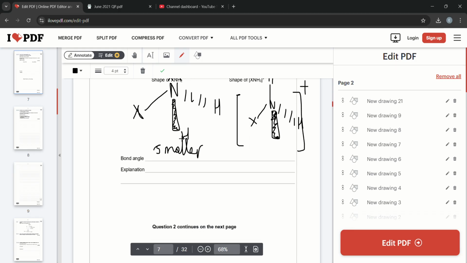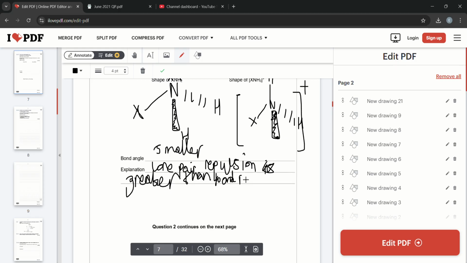Because it's got lone pair repulsion, which is greater than bond pair repulsion. Lone pair repulsion greater than bond pair repulsion.